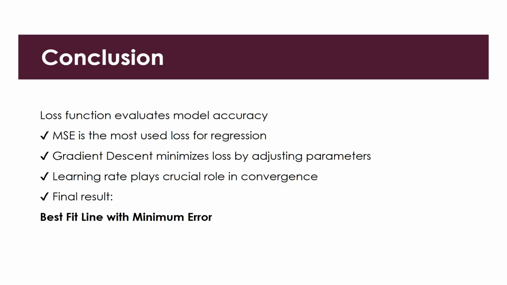Gradient descent is used to minimize the loss and find the best values of M and B. Learning rate controls how fast we reach the minimum loss. Finally, we get a best fit line that perfectly matches the data trend. As a result, we find the best fit line with the minimum error, where as many data points as possible pass through it.